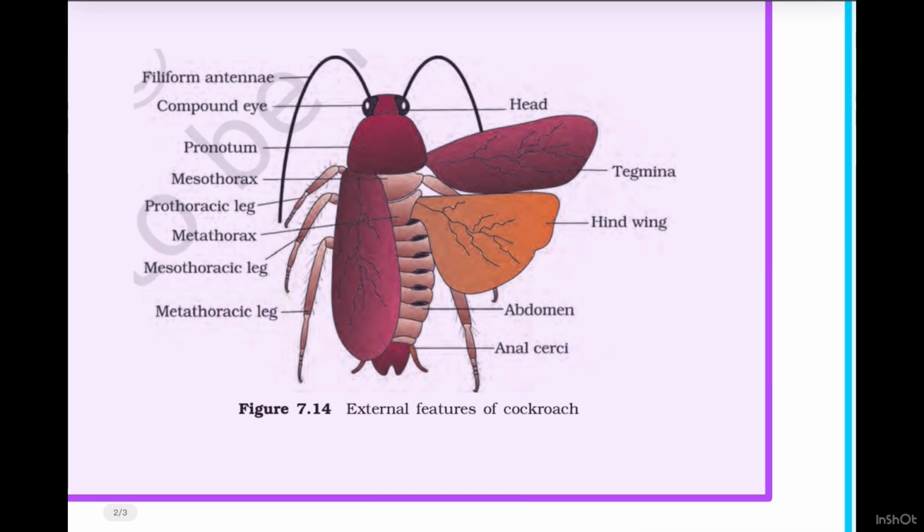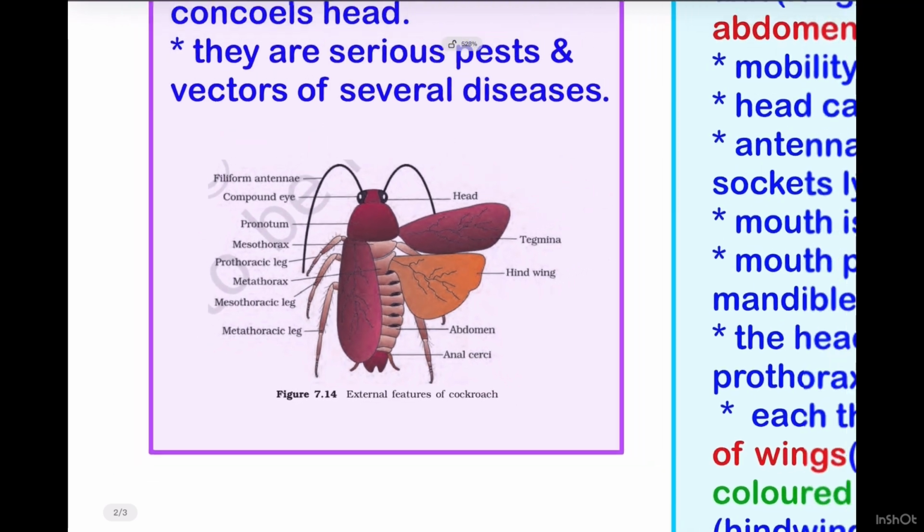And next, anal cerci are present, which is a characteristic of both male and female cockroach. If there are anal styles, then you can consider that a male cockroach. And here are compound eyes. And filiform antennae are also present, which are sensory. So this is regarding cockroach diagram based questions, which may be possible.